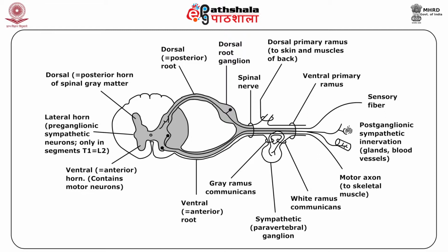The single sensory motor nerve separates into two different components. The afferent neurons, which make up the sensory fibers, enter via the dorsal root of the spinal cord. The efferent neurons, which make up the motor fibers, exit via the ventral root.